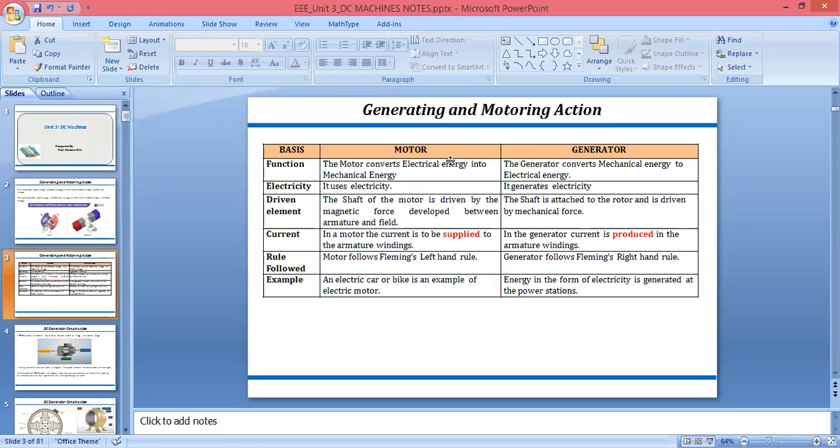So DC motor uses electrical energy or electricity and DC generator will generate electricity. It is not using, it will generate, that can be used by others. So motor will use electricity and generator will generate electricity.